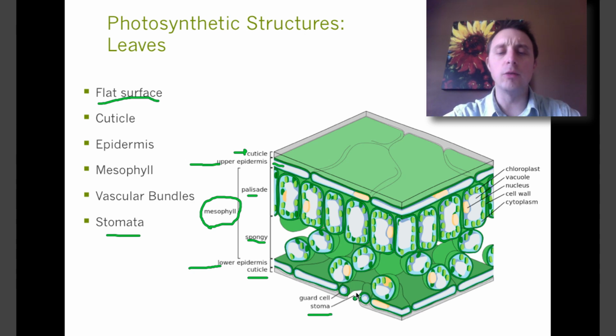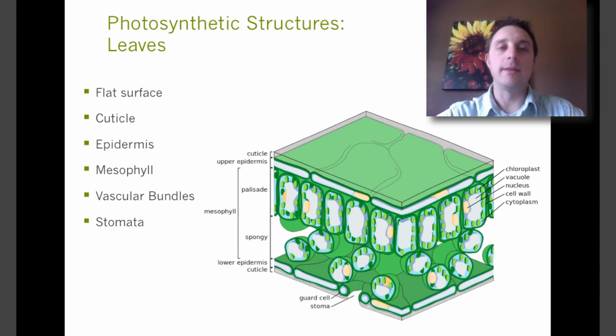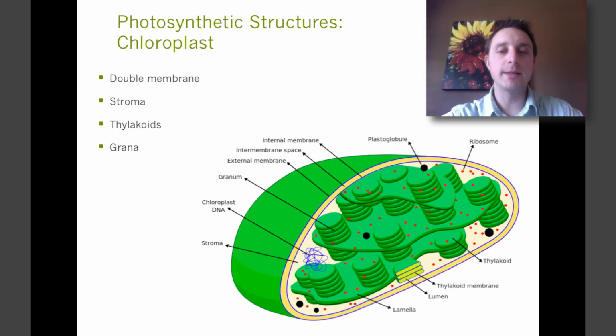These are little pores that allow for gas exchange. This is where the CO2 gas would come in for photosynthesis to occur, and it's also where the oxygen gas, the waste, is released.